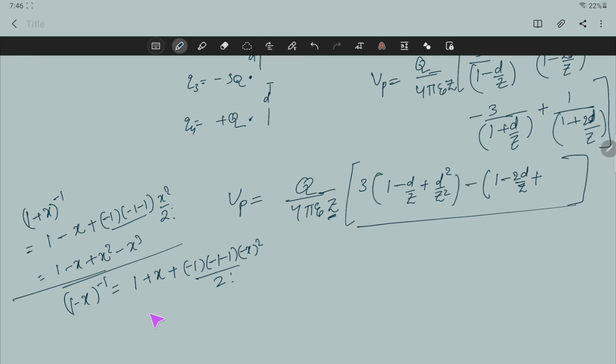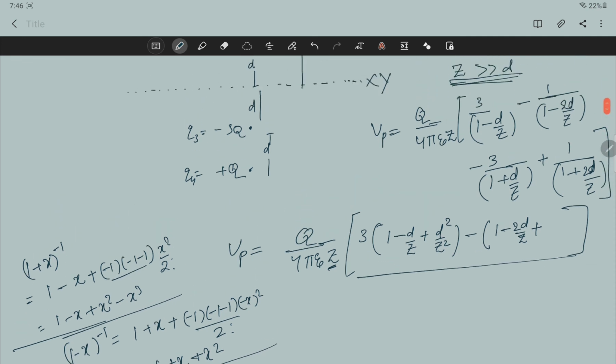So here 2 cancels, so this is 1 plus x plus x square; we will get all positive terms. So this expansion will give us all positive terms, 4d square by z square. So this is the term.